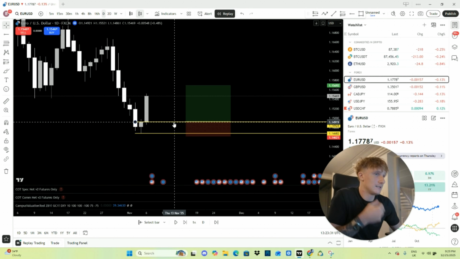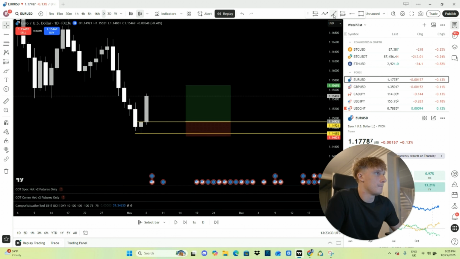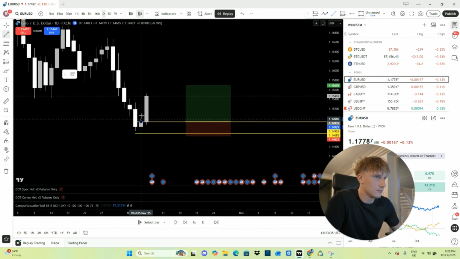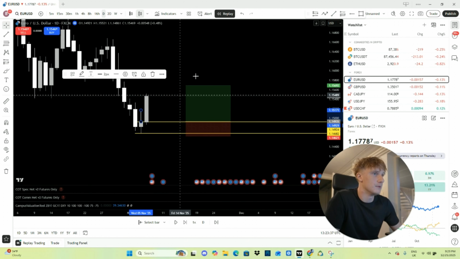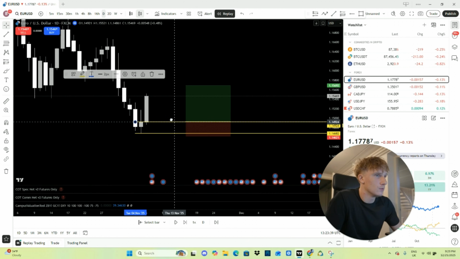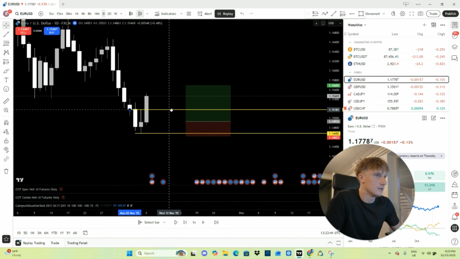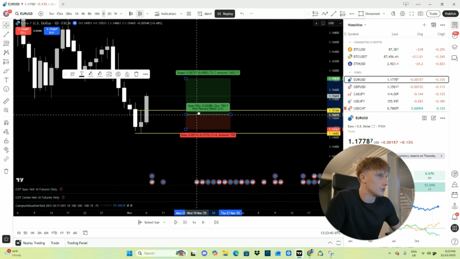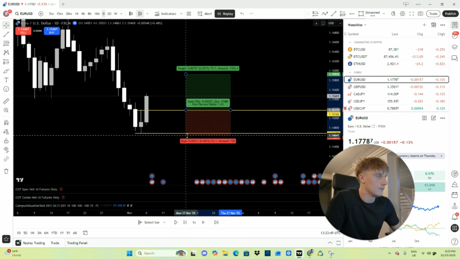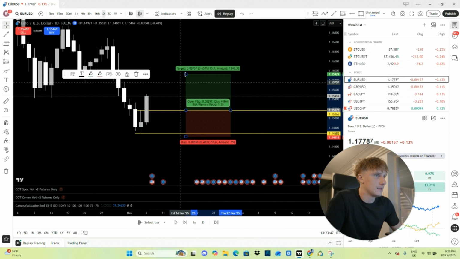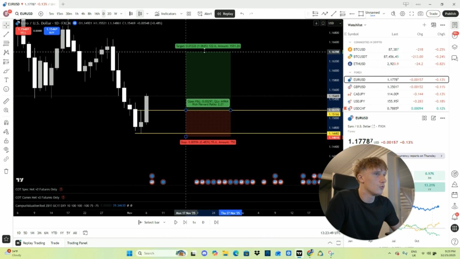Now, in some cases, the highest wick might be this big. And then suddenly, what that means for us is, if we're using the wider version here, that means that price has to go all the way up here for us to get a 1 to 2.